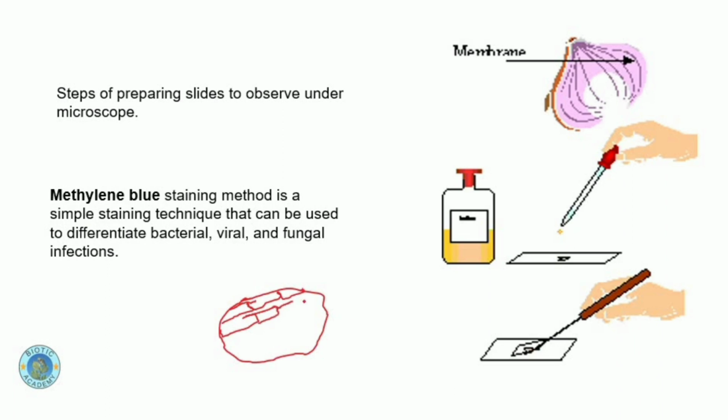This is basically the fine layer present between the scales of the onion, and these are basically the tissues of the onion. So according to your syllabus, you need to prepare a slide to observe this onion epidermal skin under the microscope. First of all you will peel off that membrane layer, and then you will take a slide.